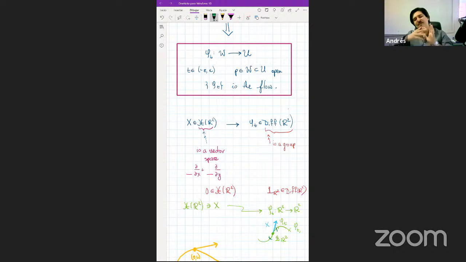But somehow we managed to extend the curve in some cases. But this very naive thing in R2, I give you a vector in R2 and you find a curve, is exactly what you're doing with flows.